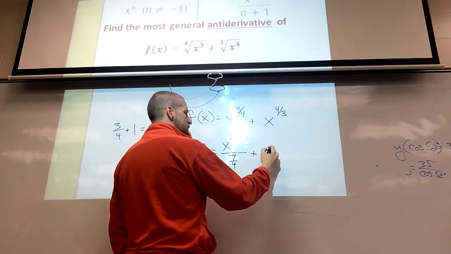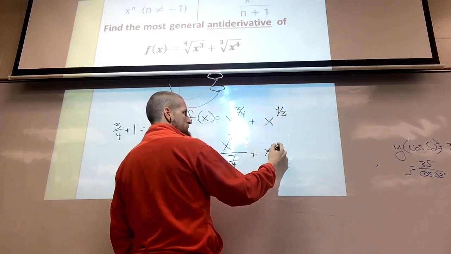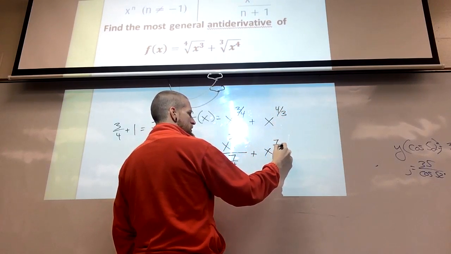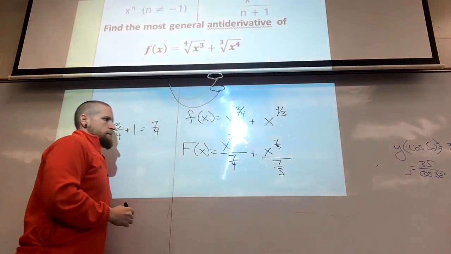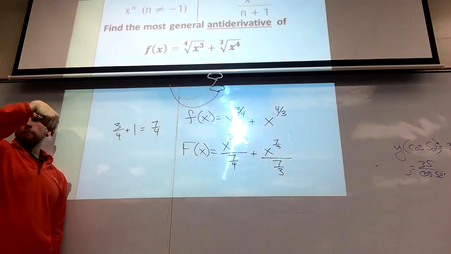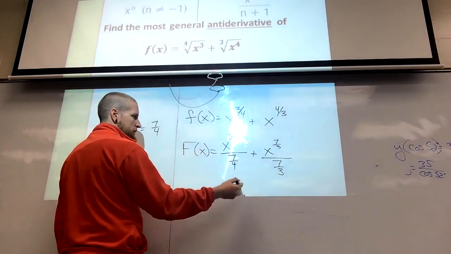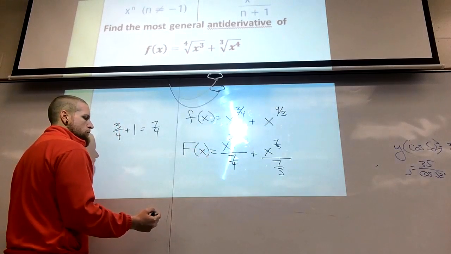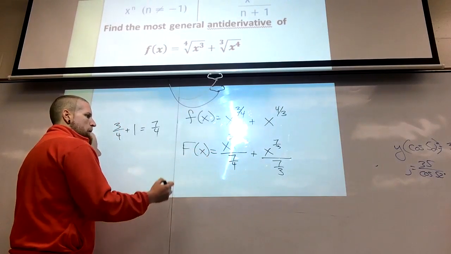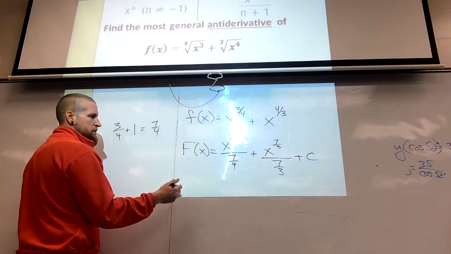All right, and then the other one, so 4/3 plus 1, 7/3. And again, the thing on the bottom has to be identical because, again, if I took the derivative of it, I want it to kind of go away. So this power and that power are going to cancel each other out. And then just like before, I wouldn't leave it that way. I'd want it to be fully simplified.